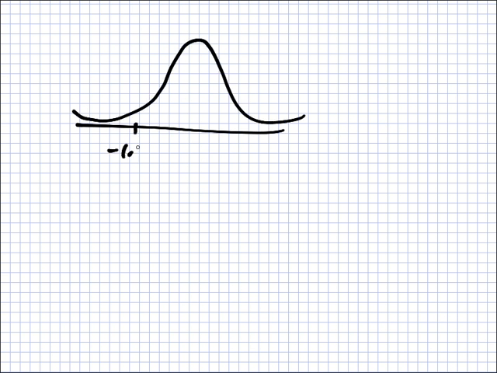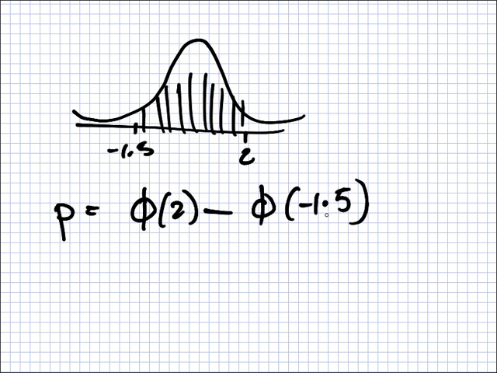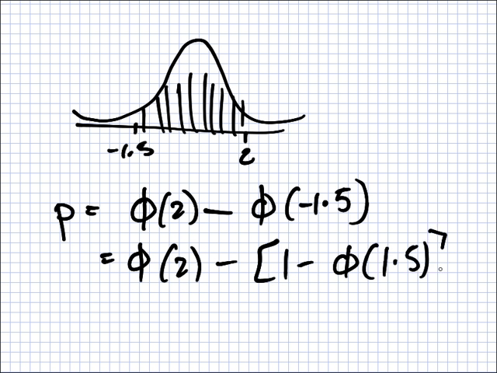You want between minus 1.5 and 2. We want this area. So the answer will be the value of 2 minus the value at minus 1.5. You can't look up minus 1.5, but there's a trick. You can change this into 1 minus the value at 1.5.